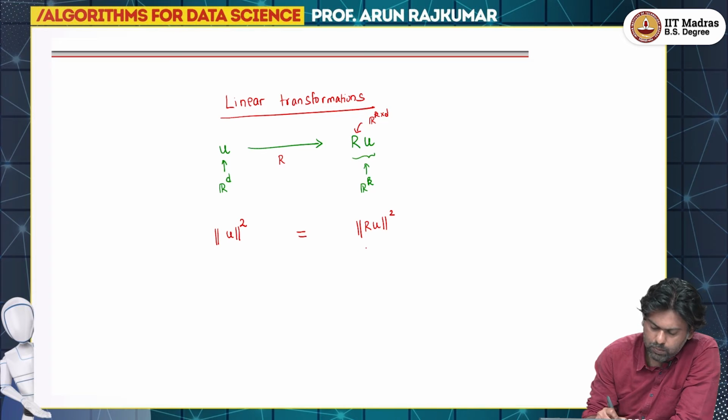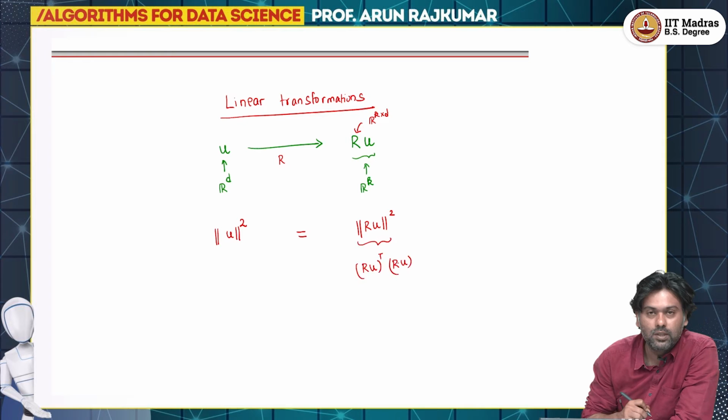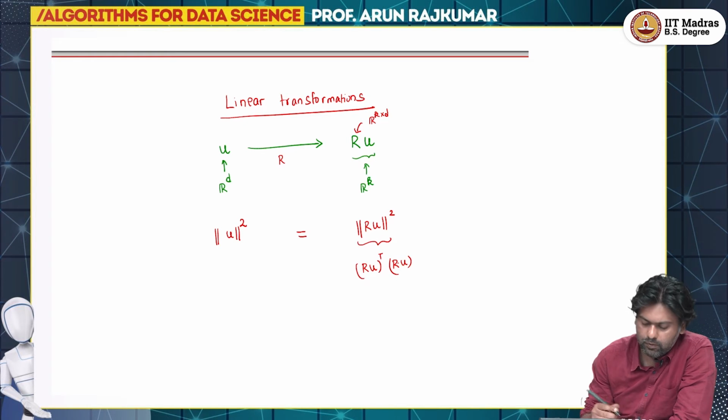So what we really want to happen here is, what if I write this as Ru transpose Ru, since a vector transposed times itself is its squared length.